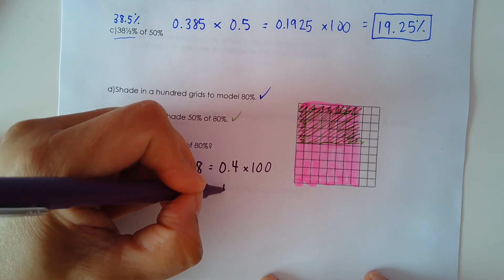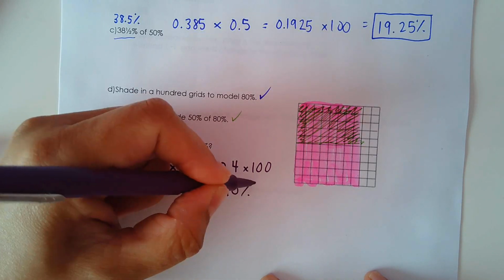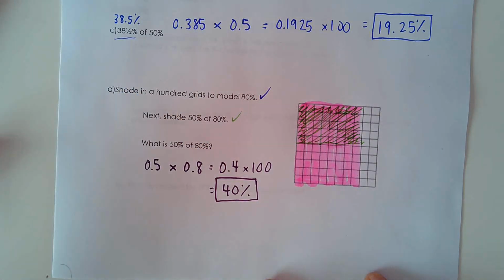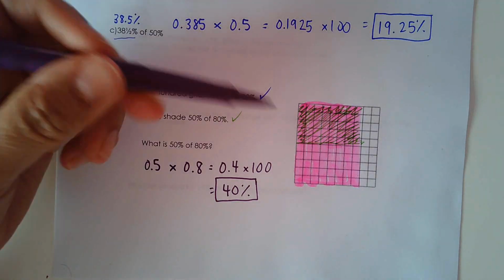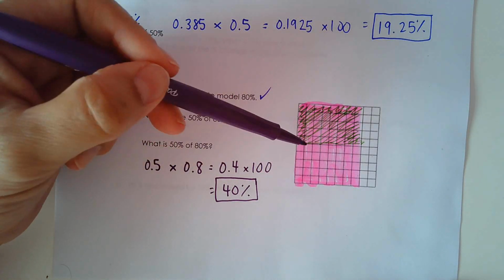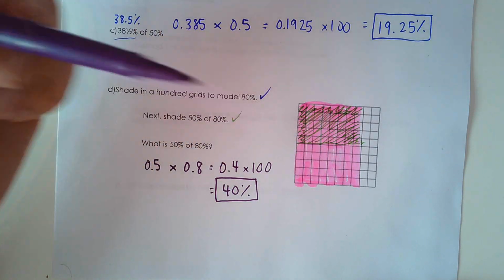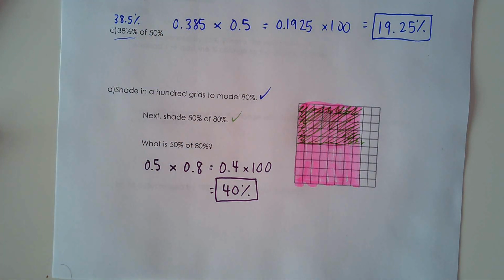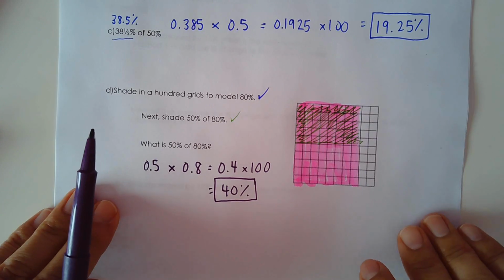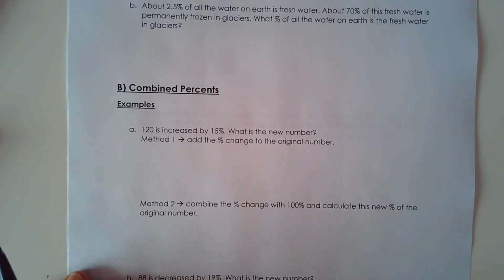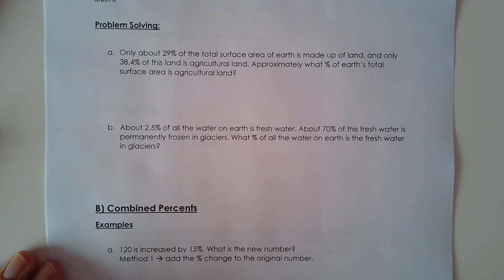Multiply it by 100, and we end up with 40%. Okay, so there's a great visualization to see 50% of 80%, which is 40%. So let's try some problem-solving questions with this skill.